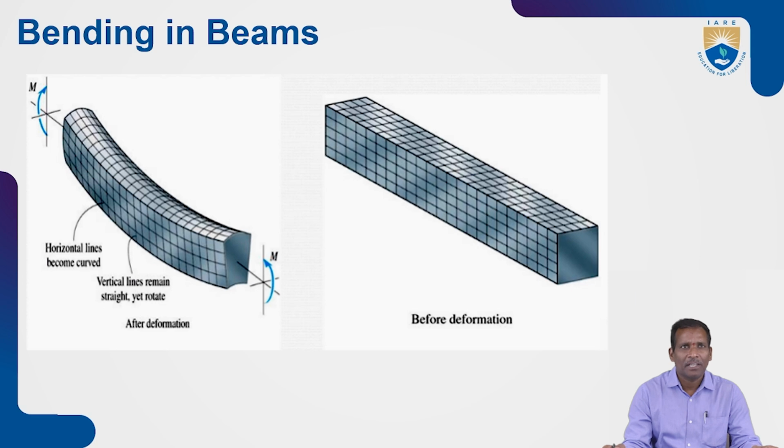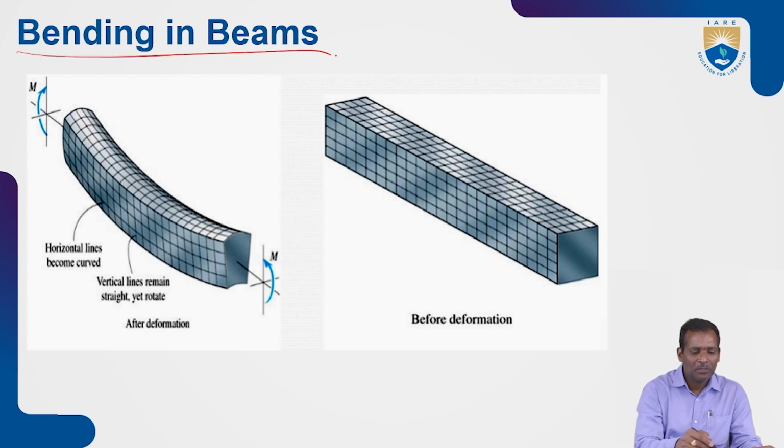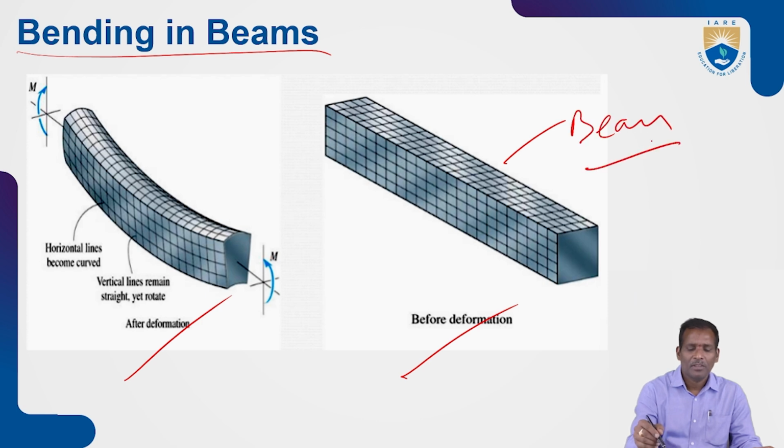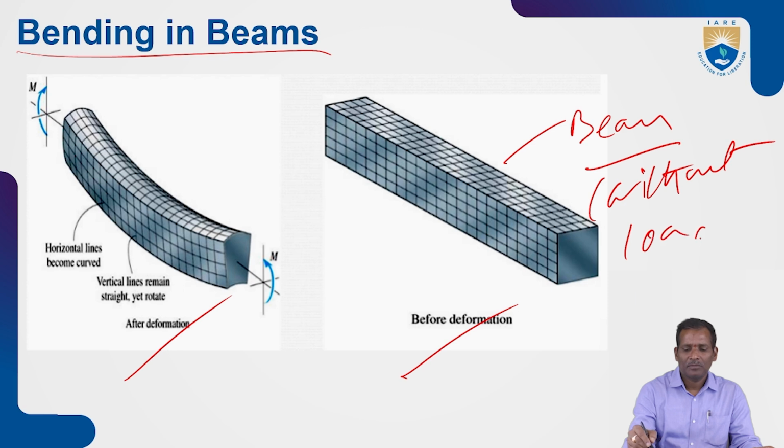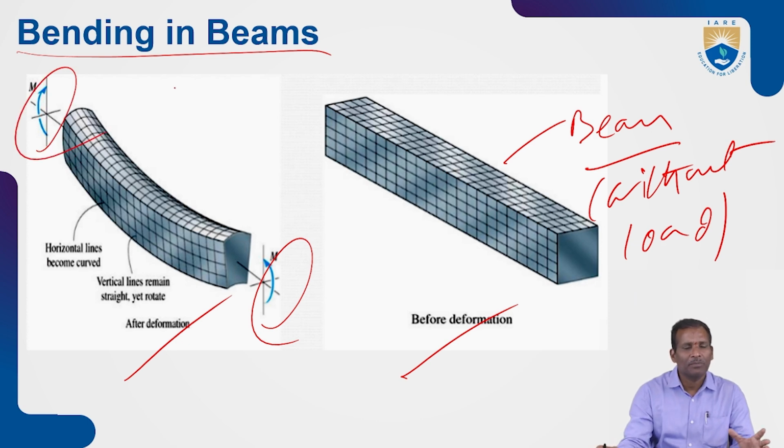See in this diagram, the bending in beams is shown before deformation and after deformation. Before deformation, the beam is shown without load. After applying the load, a bending moment will be induced in the beam.